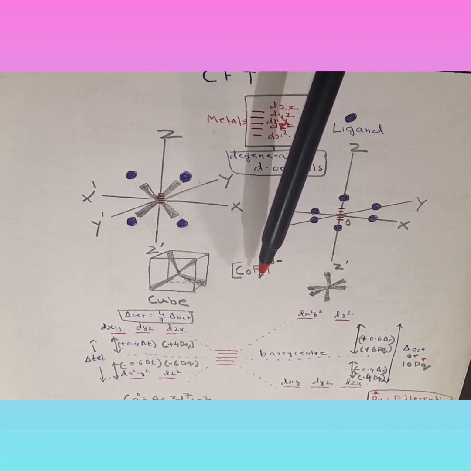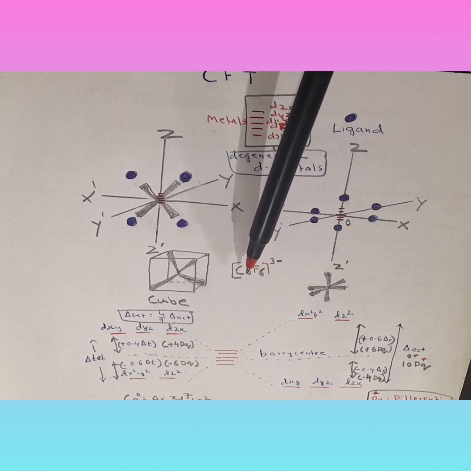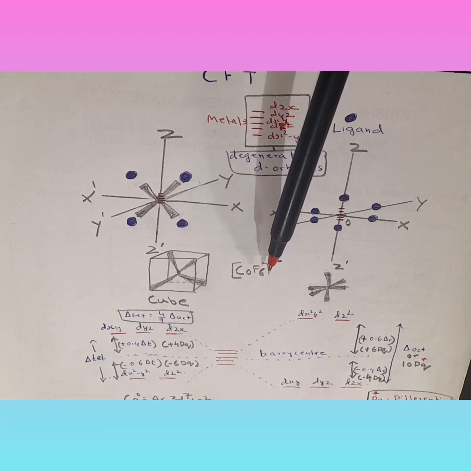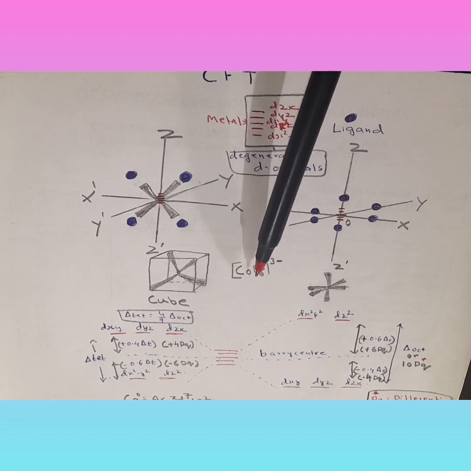So ligands are the donors and the metals are the acceptors. Here fluoride is the donor and cobalt is the acceptor. Essentially, the lone pairs are accepted in the d orbitals of metals.